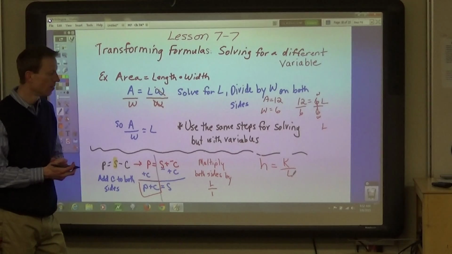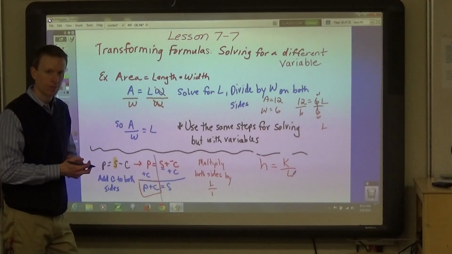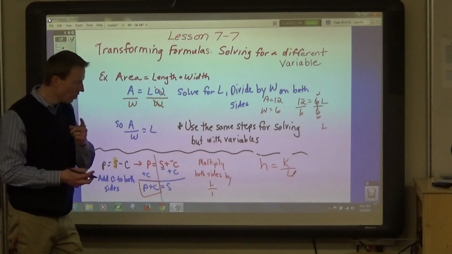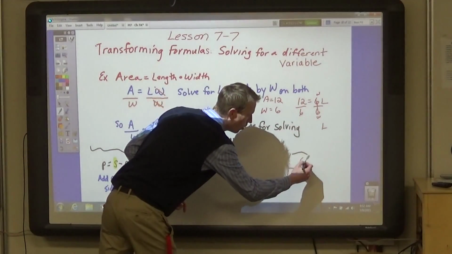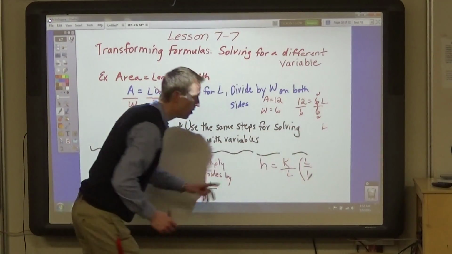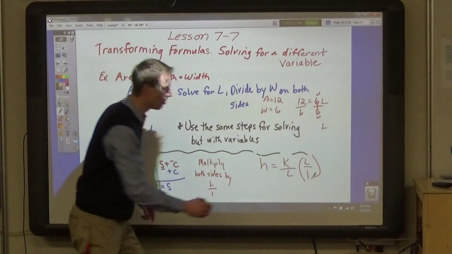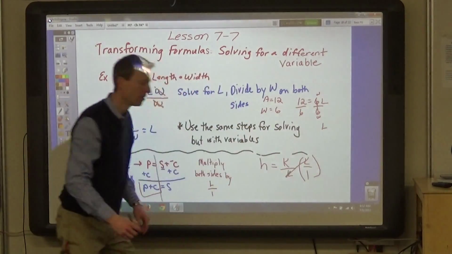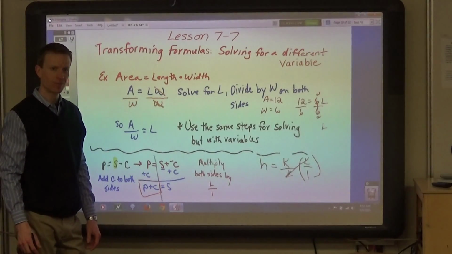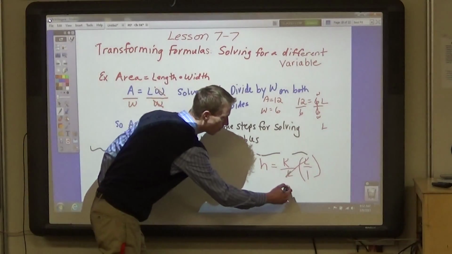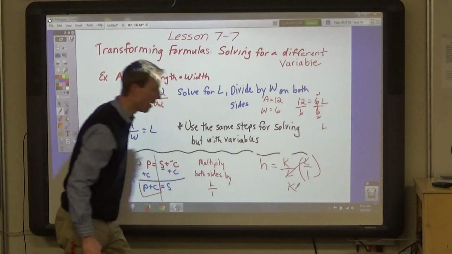Isaac? Multiply each side by L over 1. Good. If we put L over 1, then you have an L on the top and an L on the bottom. That cancels out the L's. Right? And we're now left with K on that side.